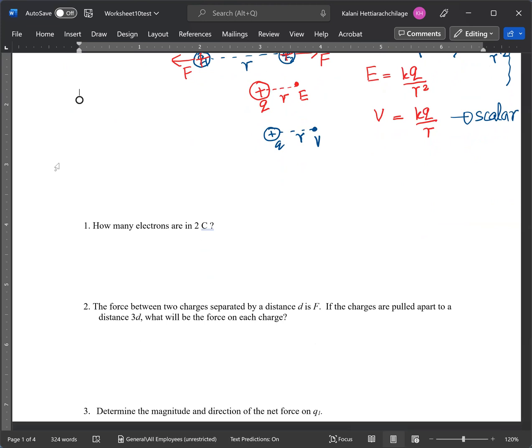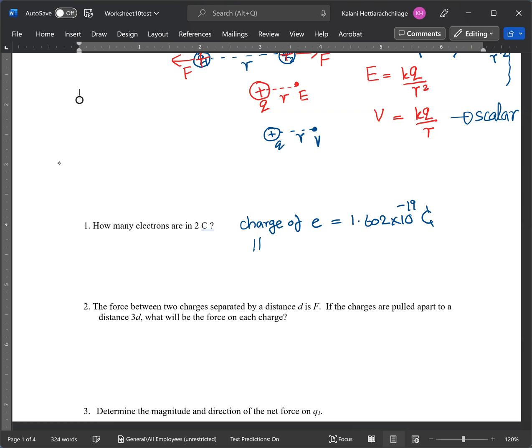So how many electrons are in 2 coulombs, right? To do that, you definitely should know the charge of the electron. The charge of the electron is equal to 1.602 times 10 to the negative 19 coulomb, which is the unit of charge.